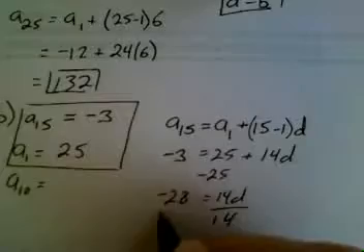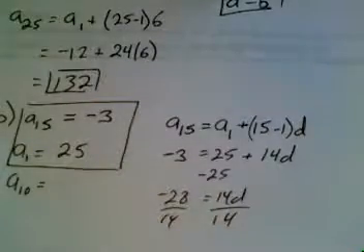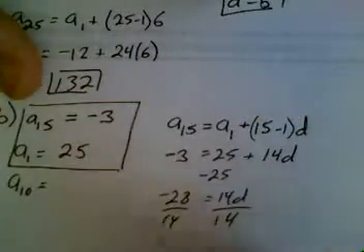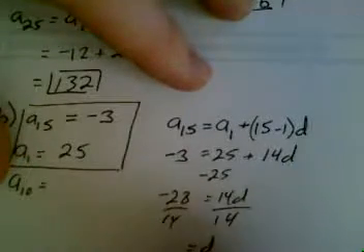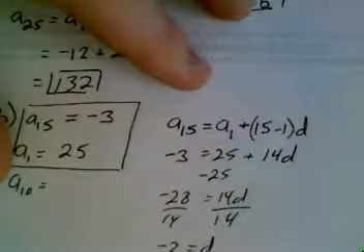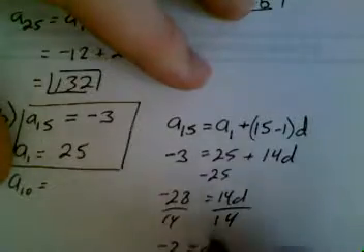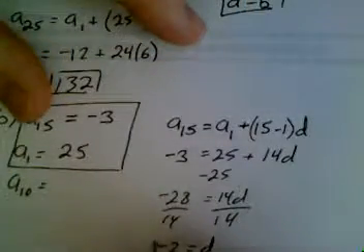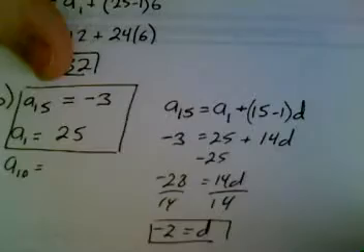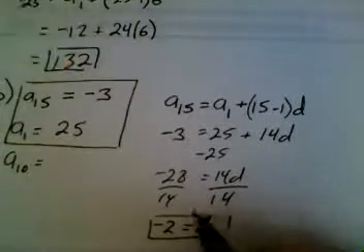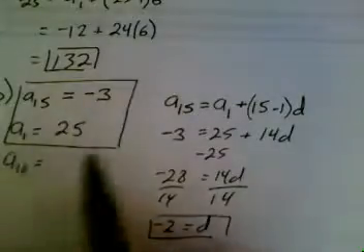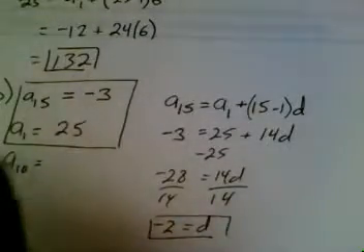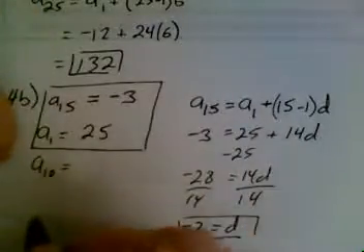I'm going to divide both sides by 14. Okay, and that's going to give me, let's see here, yeah, a negative 2. So d is equal to a negative 2. Now, if I've got d as negative 2, what I'm going to have to do here is take this number with this knowledge over here to find a sub 10. Well, what's a sub 10 supposed to be?